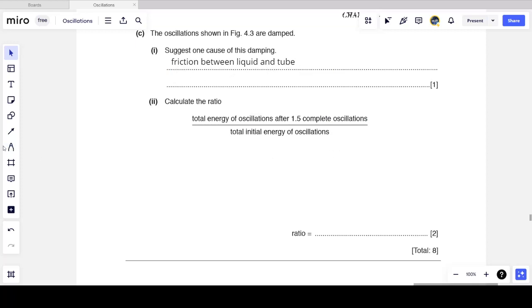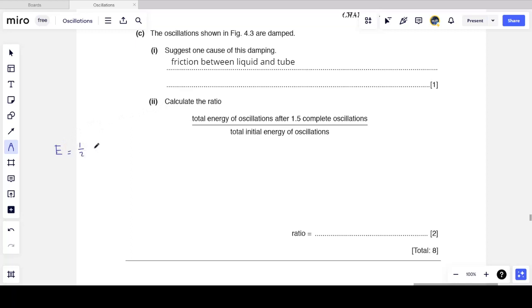Next, we are told to calculate the ratio of the total energy after 1.5 complete oscillations over the total initial energy of the oscillations. Aha! So first one of these kinds of questions. Let me first remind myself how energy and amplitudes are related. Well, let me just write an equation for energy.